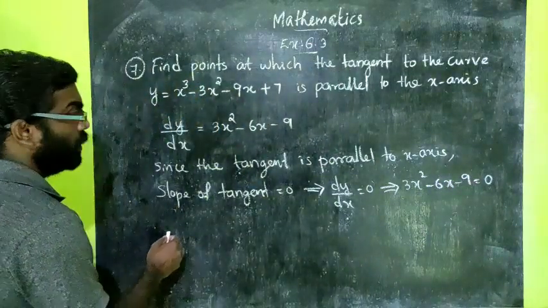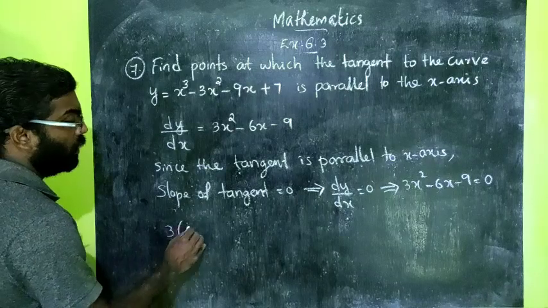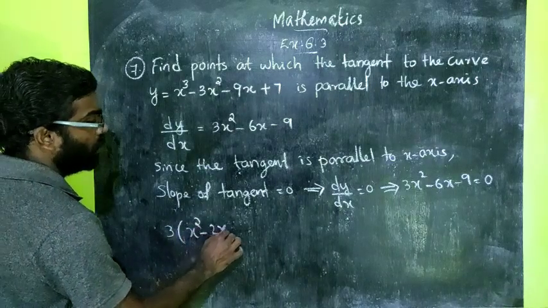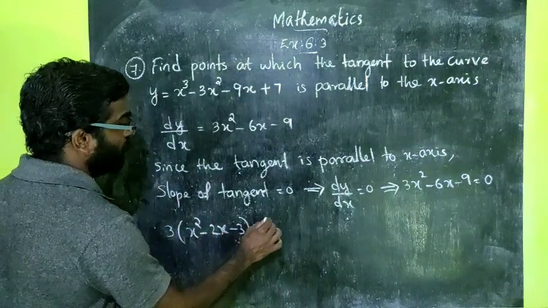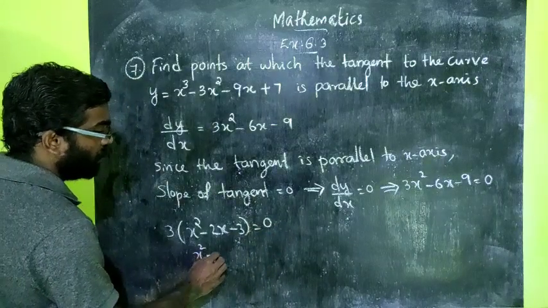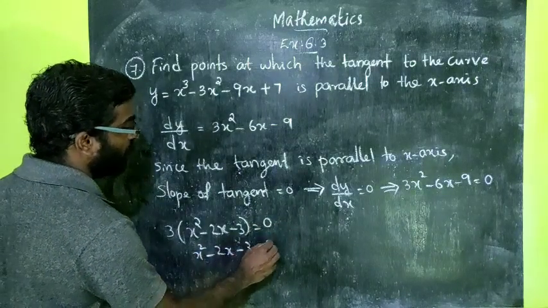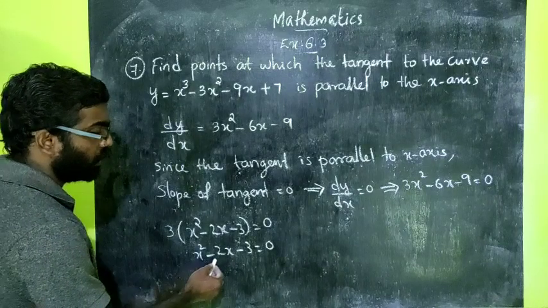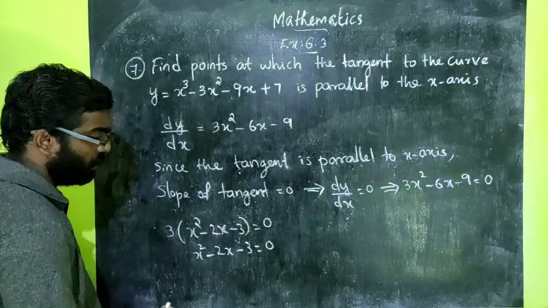Okay. From this we can take 3 common. So 3 into x square minus 2x minus 3 is equal to 0. That is x square minus 2x minus 3 equal to 0. Now we can solve this quadratic equation and find out the values of x.